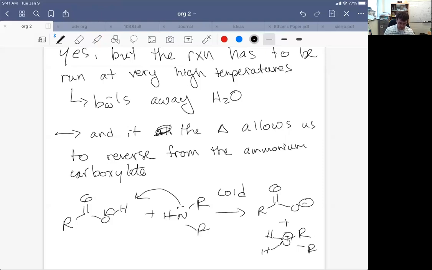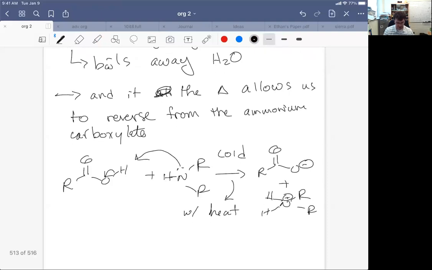So what we do is, with heat, we can make the reaction, instead of for the most part proceeding in the forward direction, have some reverse reaction occur. That's an important thing to recognize, because we can't just mix a carboxylic acid with an amine and hope that everything just works out. There's a faster reaction at play than forming an amide.